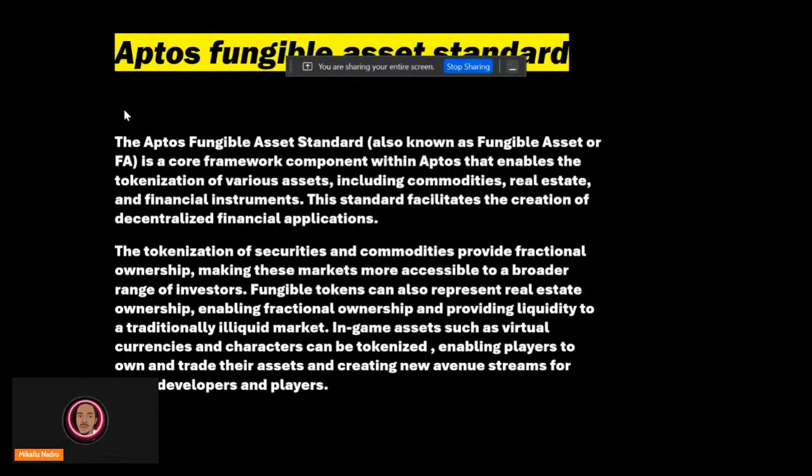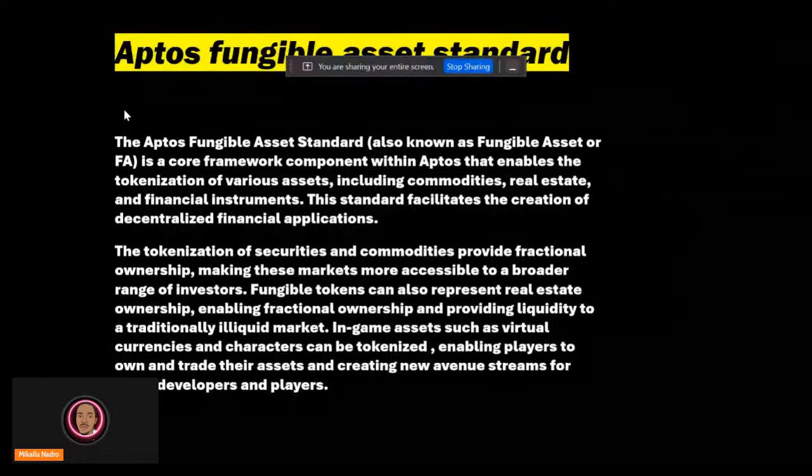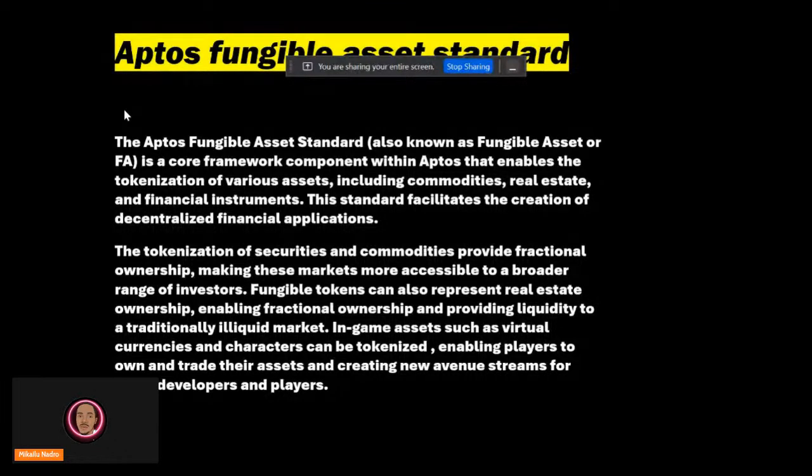So Aptos fungible asset standards. So what is the Aptos fungible asset standard? Aptos fungible asset standard, also known as fungible assets or FA, is a core framework component within Aptos that enables tokenization of various assets.